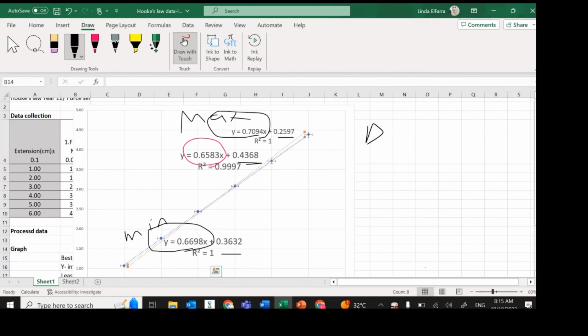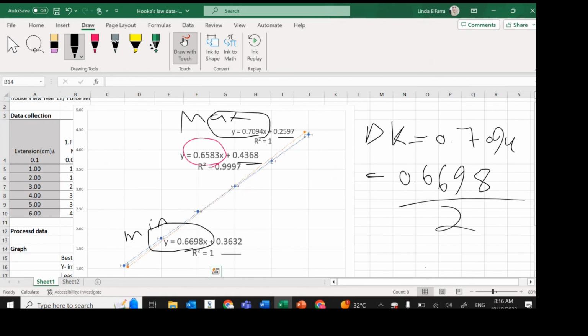So the uncertainty in the gradient or spring constant will be maximum, which is 0.7094 minus the minimum value, which is 0.6698 divided by 2. And if we calculate this one, 0.7094 minus 0.6698 divided by 2, it will be 0.02. Always round the number to one significant figure for the uncertainty, 0.02.